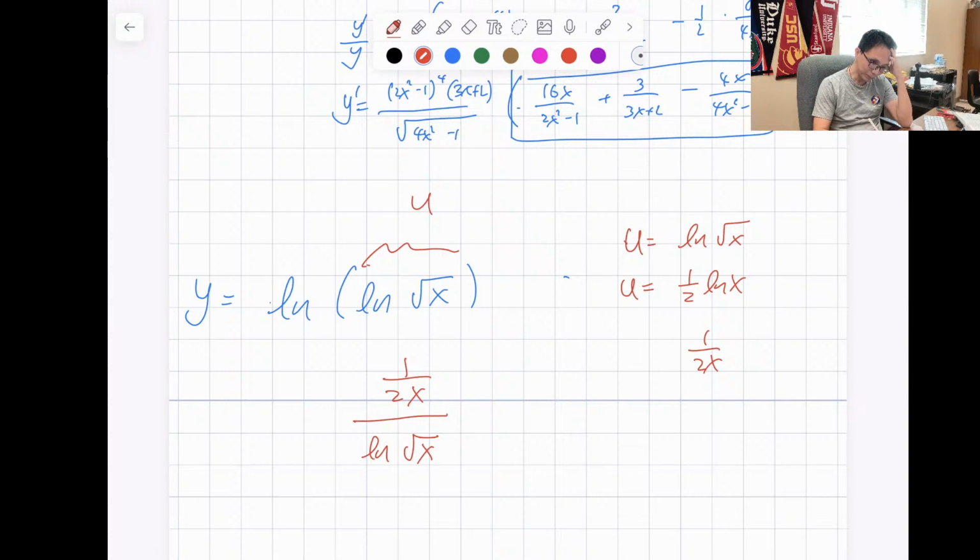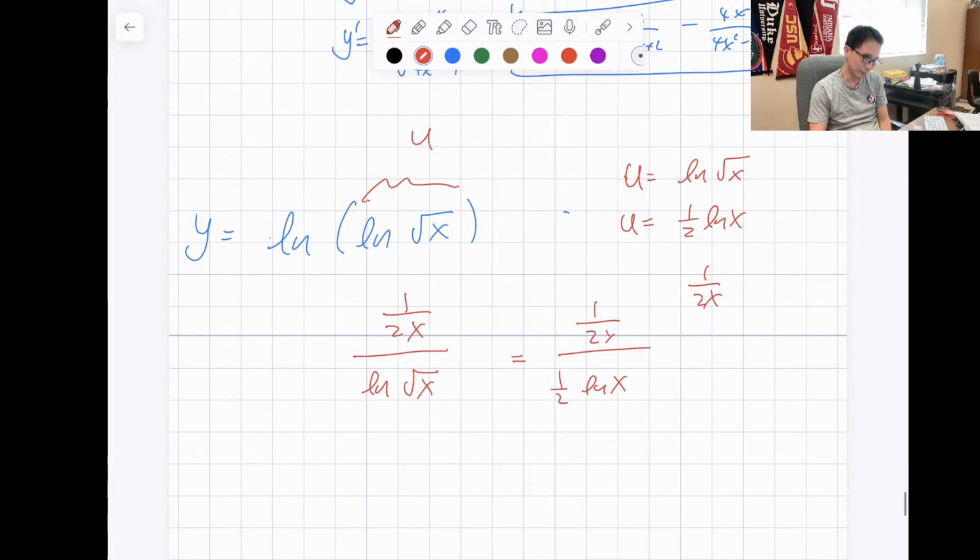So one over 2x here, and that's going to be one half ln of x. Is that okay so far? So this one half can cancel out, right? So it'll be one over x times ln of x. So one over x ln of x.